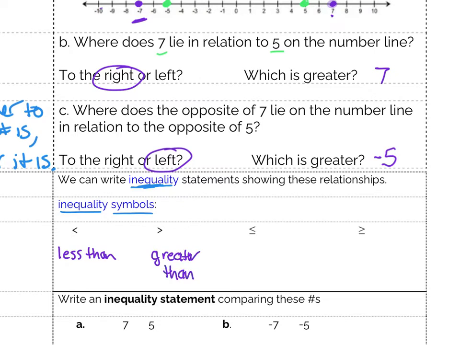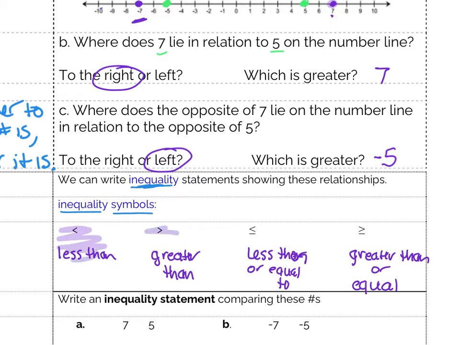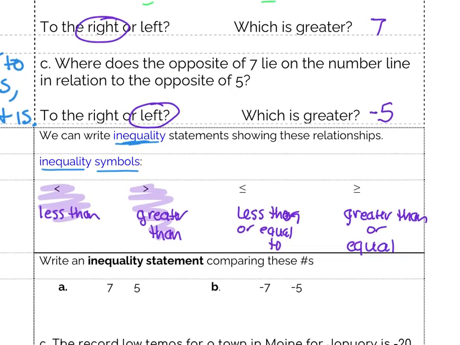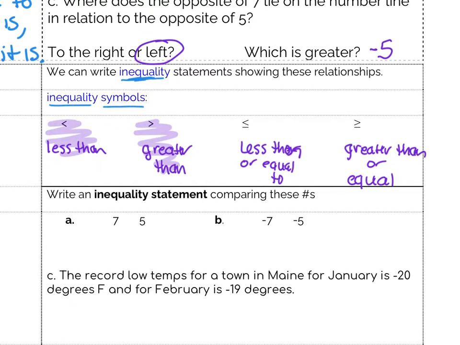When it has a line under it, it's less than or equal to, and this one is greater than or equal to. For these comparisons, you're probably going to be using the less than and the greater than. Maybe you'll have equal to.